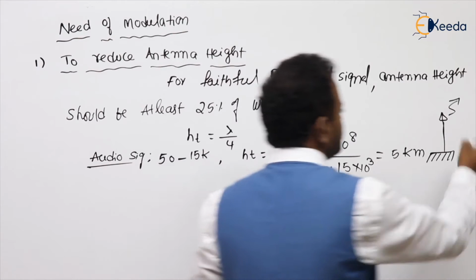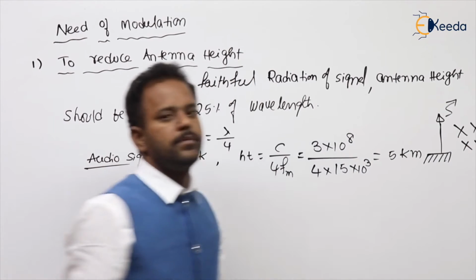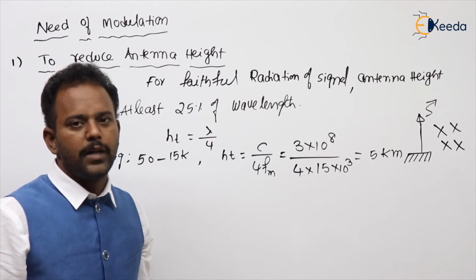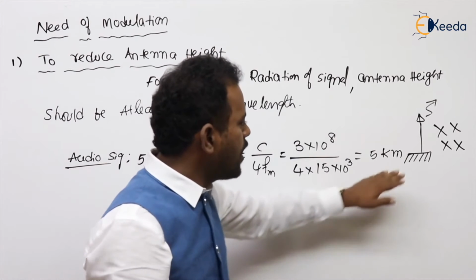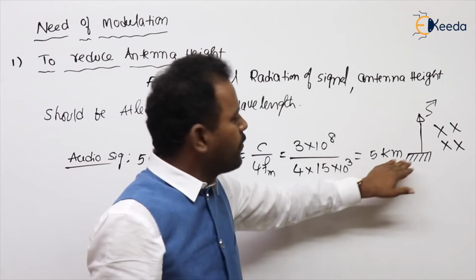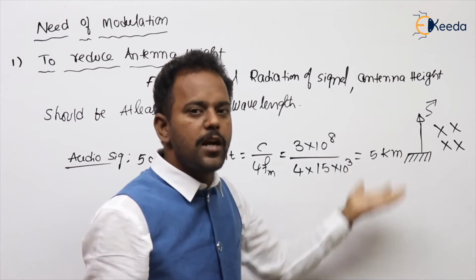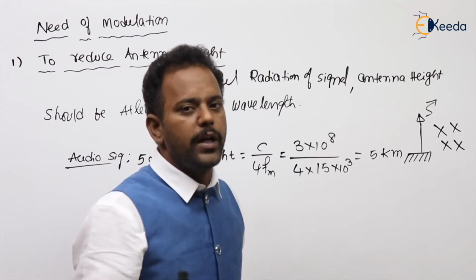Obviously not. Are you getting my point or not? So construction of an antenna of height 5 kilometers vertically on the ground is not possible. So radiation is not possible. So that's why we are using the concept of modulation.